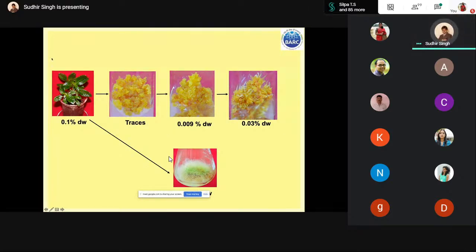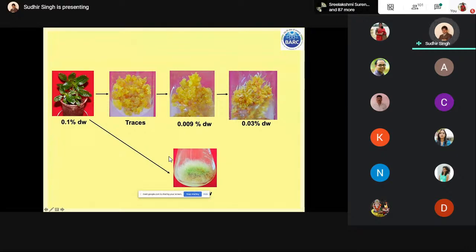Now here, our objective is to understand how camptothecin, an important secondary metabolite having high commercial value, is synthesized in the Ophiorrhiza plant. If you take a parent plant, it has 0.1% dry weight, as reported.